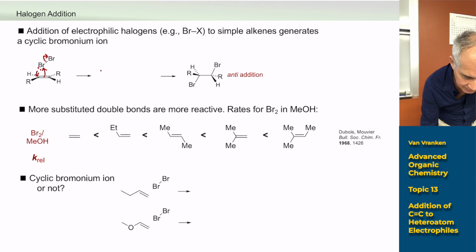Let me go ahead and draw out this. Here's my cyclic bromonium ion. There we go. And if the two R groups started out anti to each other, they better stay anti in the next intermediate. They have to be on opposite faces of this cyclic bromonium ring.